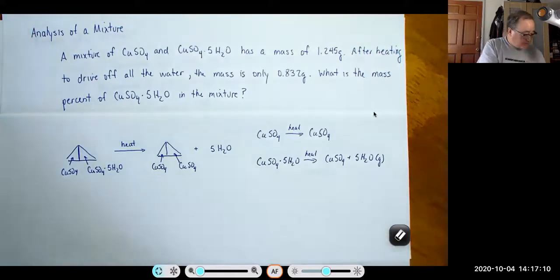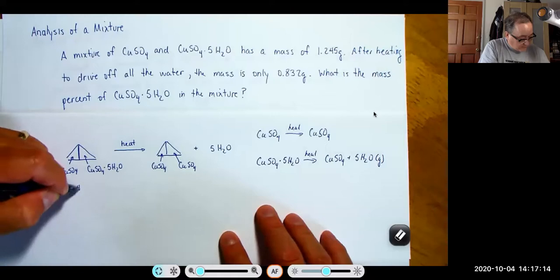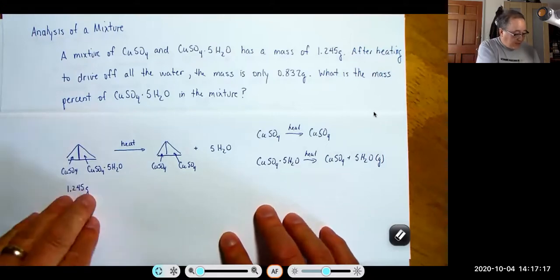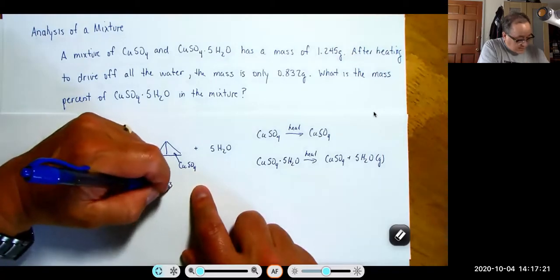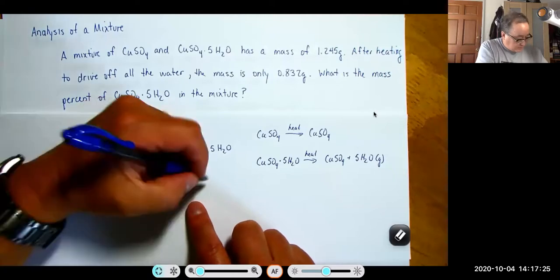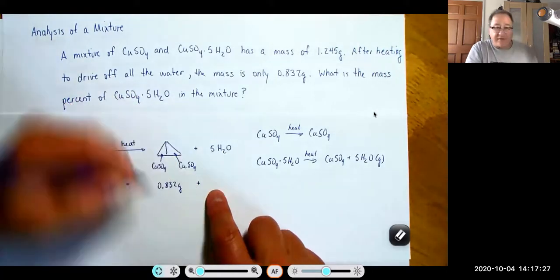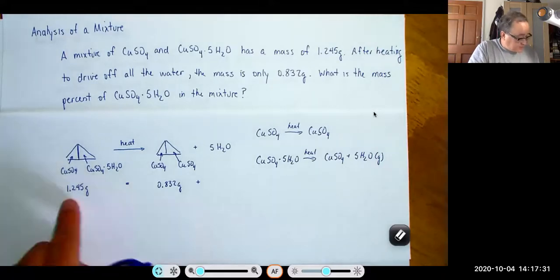So here, what's happening is we start off with 1.245 grams of the mixture, and afterwards we only have 0.832 grams left over. Okay, so what does the mass of H2O have to be in this reaction? The difference of these two.